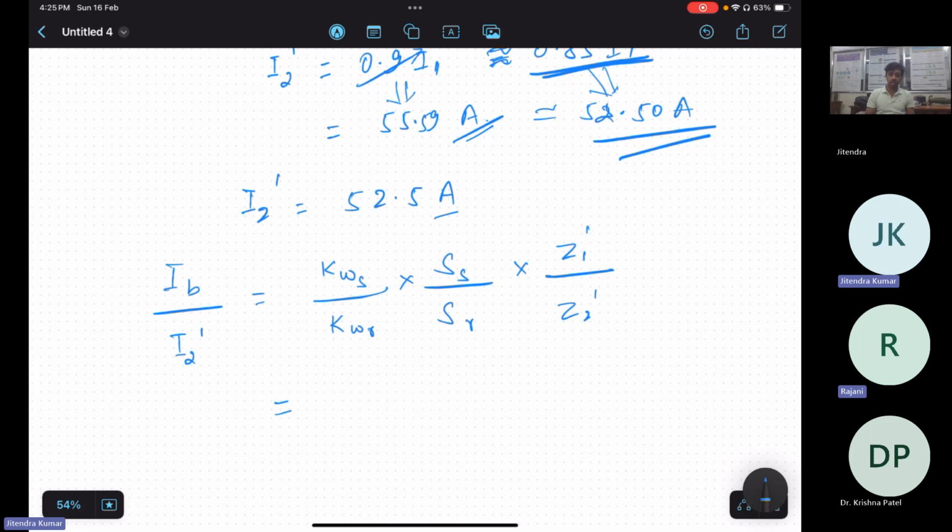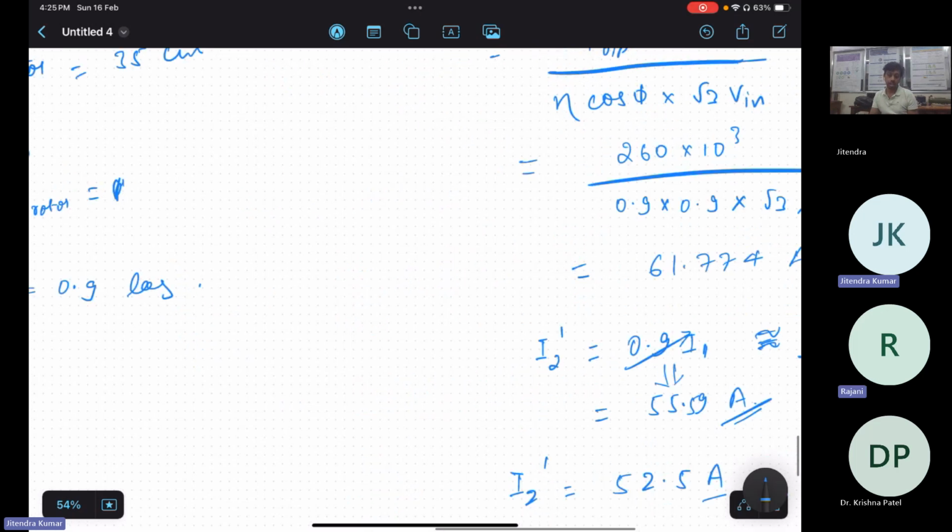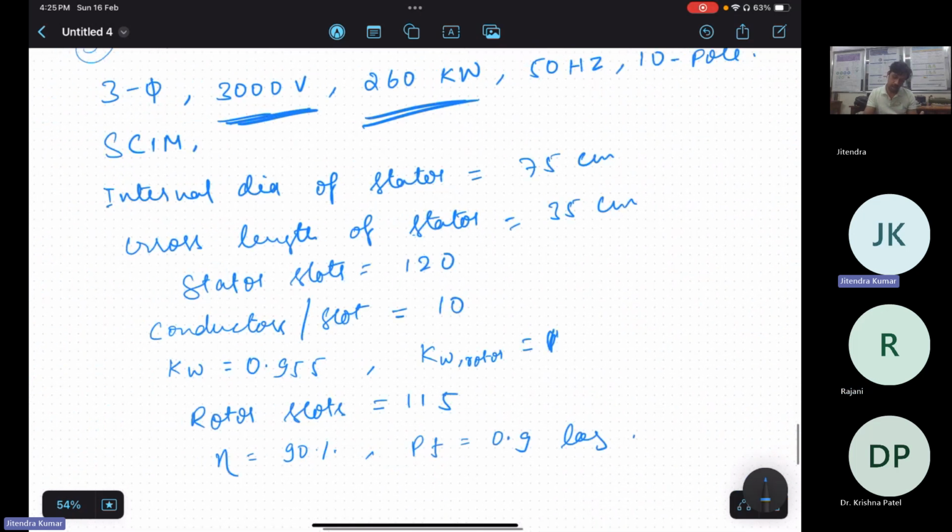Now, KWS is given 0.955. KWR is mentioned as 1. Stator slots is 120. Rotor slot is 115. Number of conductors, how much? Conductors per slot in the stator is 10.